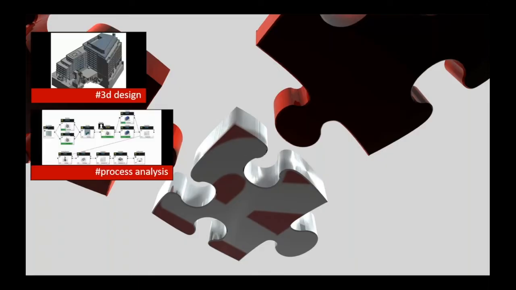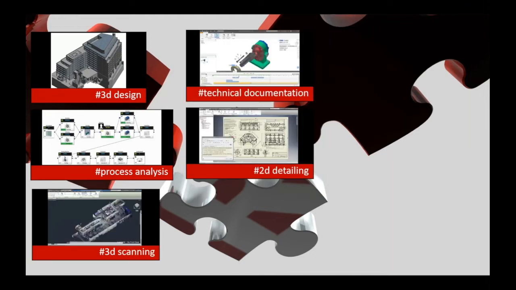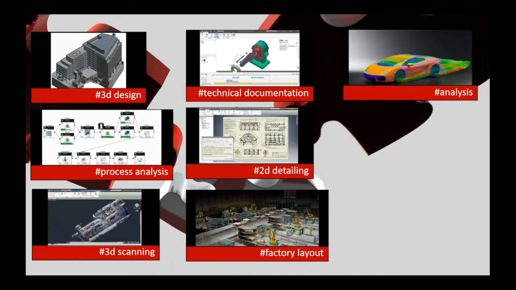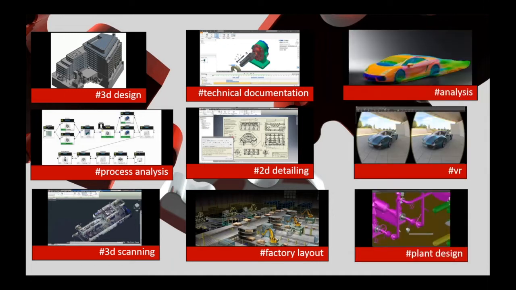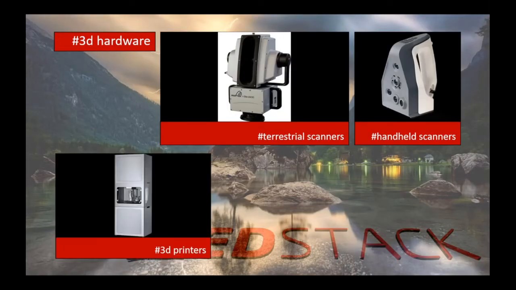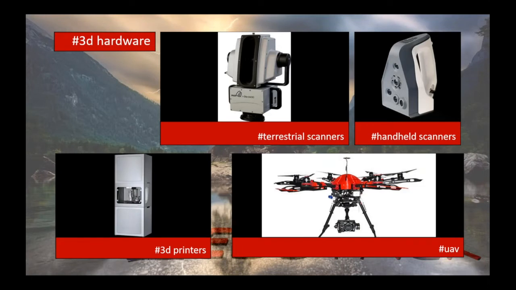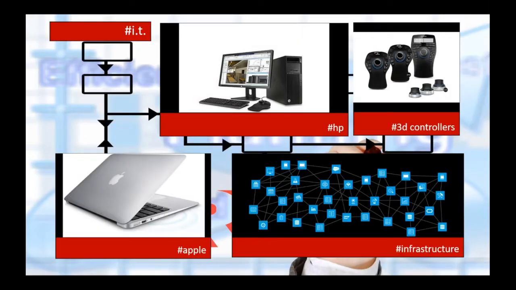We've also got solutions for 3D design, process analysis, 3D scanning, technical documentation, 2D detailing, factory layout, analysis, virtual reality, and plant design, amongst many other things. In terms of 3D hardware, we supply scanners, printers, and UAVs. In IT, we do hardware and infrastructure.